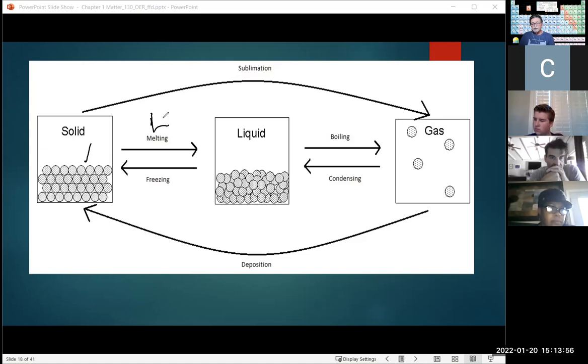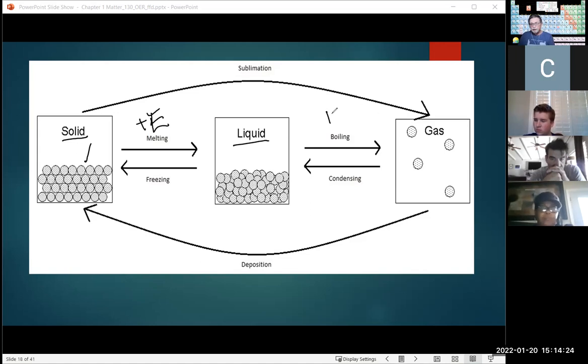So we put plus energy, okay? Plus energy, and we break up the interaction between the molecules. And we cause these molecules to be less ordered and less structured and take it out from the solid phase into the liquid phase. So you can see now the spheres are still there, but not as ordered and structured as they were when they were solid, okay?